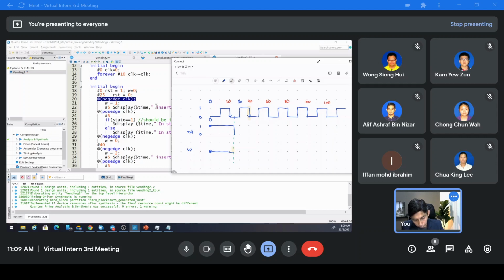So we have W equal to 1 at 25 also. Oh, sorry, not 25. At the negative clock edge. This one means that we have W equal to 1 here. And we want to display this.